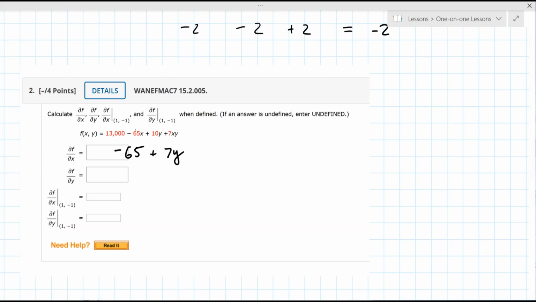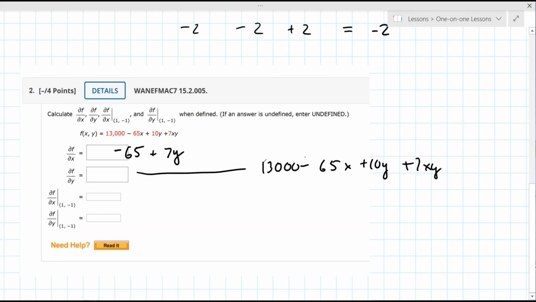Okay. So negative 65x plus 10. So for this second part here, I'm just going to rewrite it here. We'll go through it together. This is a number, so its derivative is 0. Because you're doing it with respect to y, anything with an x by itself is just treated as a number, so this is also 0.